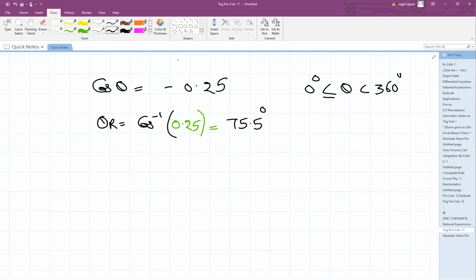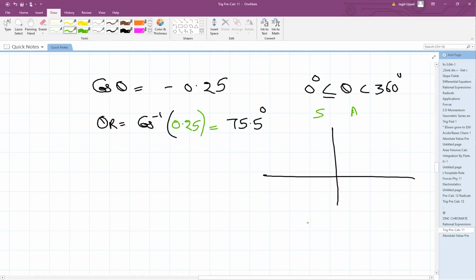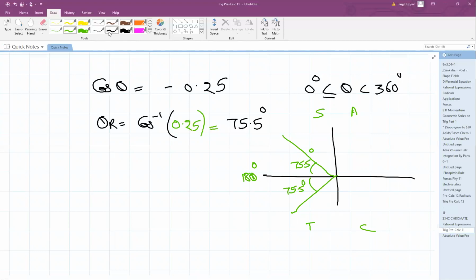70.5 degrees. So now what you're going to do is you're going to make your quadrant, and the value of cos was negative. So you need to draw it where cos is negative, right? Add sugar to coffee. Cos is negative over here and over here. So I have a reference angle of 70.5 here and a reference angle of 70.5 here. If this is 180, 180 minus 70.5 is how much?